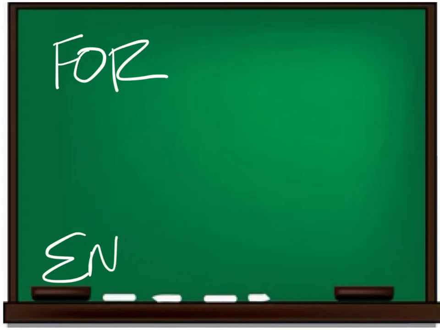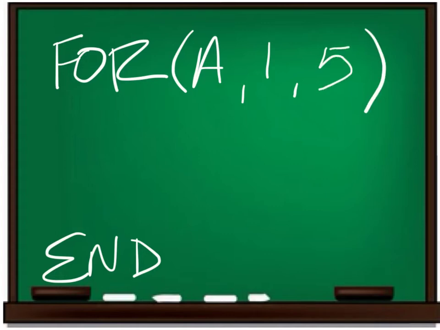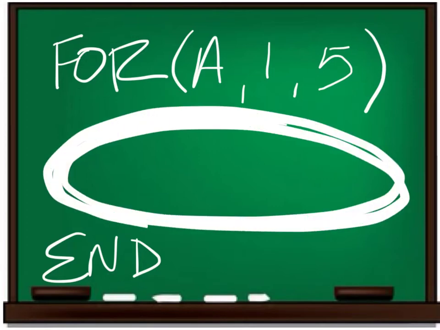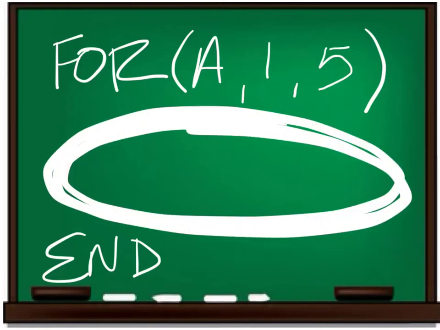If you want 5 games, then that means you're going to have a for loop starting near the top of your program and then ending near the end of it so that it runs 5 times. And the code is for A = 1 to 5, and then down here at the end of the program it ends. And when it ends, you can go back and do totals and stats and all that. In here is going to be the body of your program where you're going to play the game.